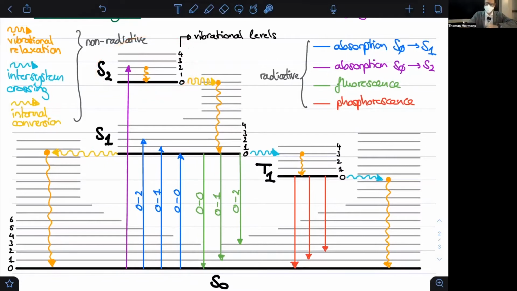So I have vibrational relaxation here. I can have that also in the first excited state. So for example, I have a photon, or an electron, sorry, that is here in this high vibrational state. It will very rapidly decay to the lowest vibrational level of that state of S1.